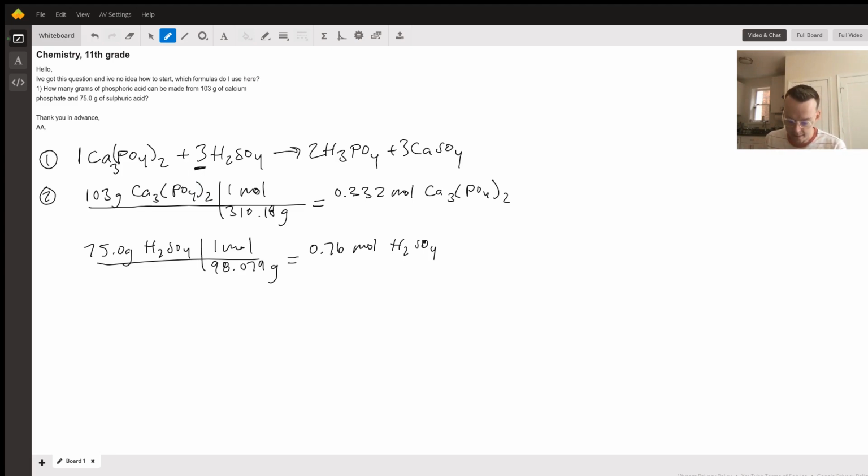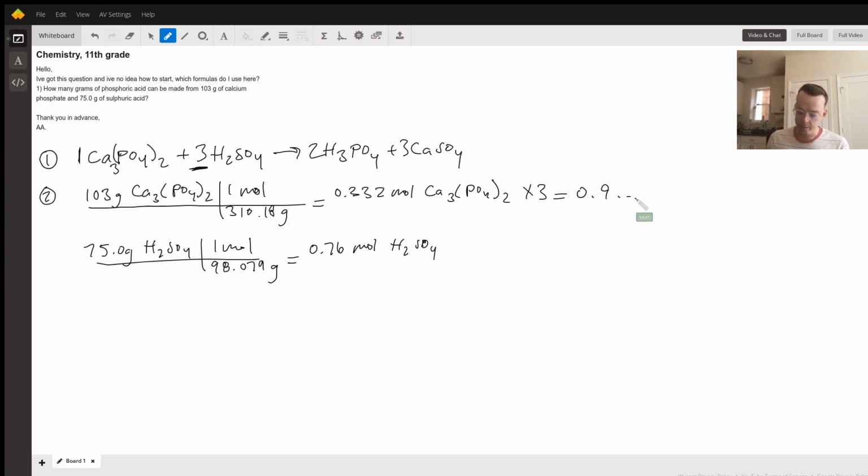And so using that mole ratio, all we have to do is multiply our 1 mole of calcium phosphate by 3 because of our mole ratio, and that's like 0.9 something.